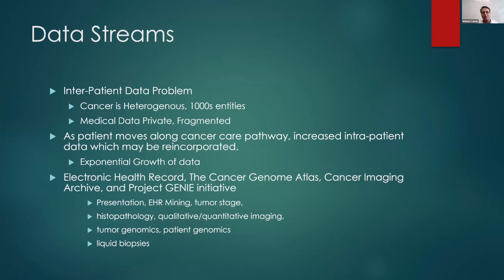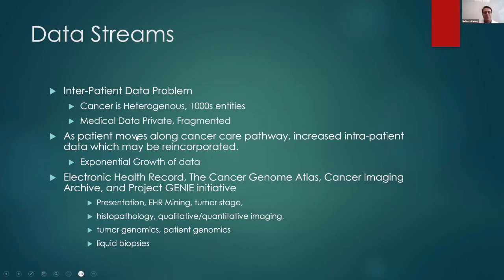And especially when you think about cancer, there's even less, because with cancer, you can have a melanoma, a basal cell carcinoma, which is skin cancer, chronic myeloid leukemia, acute myeloid leukemia. And within these, there's different mutations that make every cancer unique and hard to develop data on. And also medical data is generally private and fragmented between health systems.